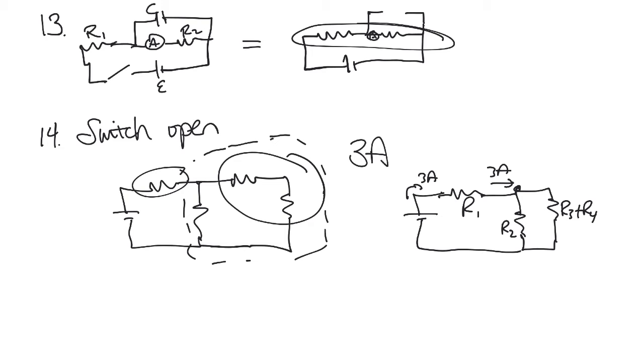And then when you realize that this resistor is 5, and then this was like 6 plus 4, so that was 10. So if this has twice the resistance as that, then this is going to get twice the current. And so that's a really nice thing when it has 3 amps going in, because it has to add up to 3 amps, and the other one has to be twice the other one. Okay, so that's how you get that 1 amp and 2 amp going through those 2 branches.